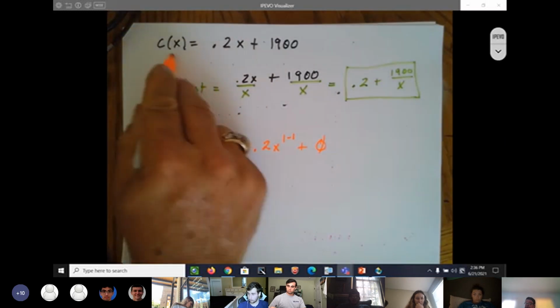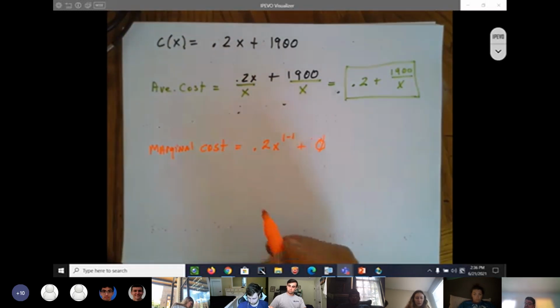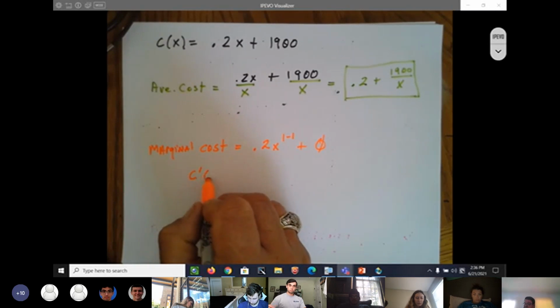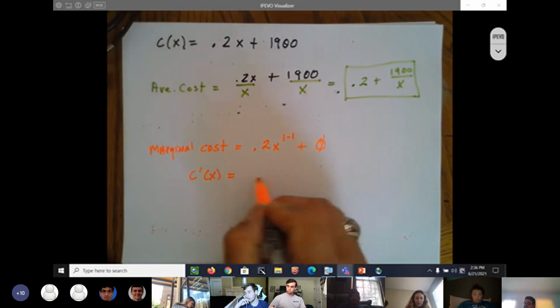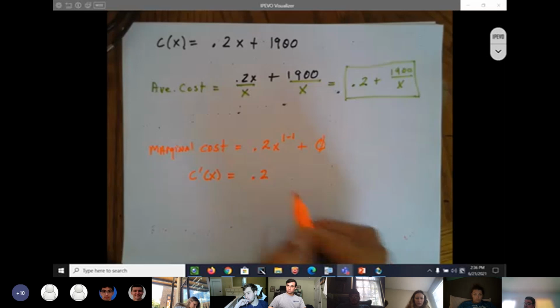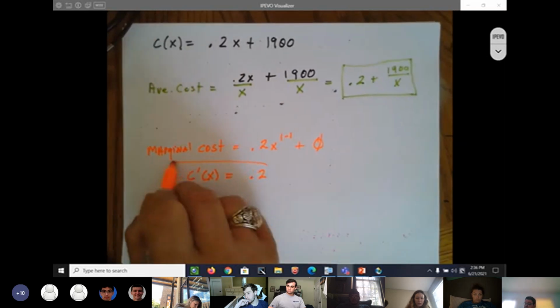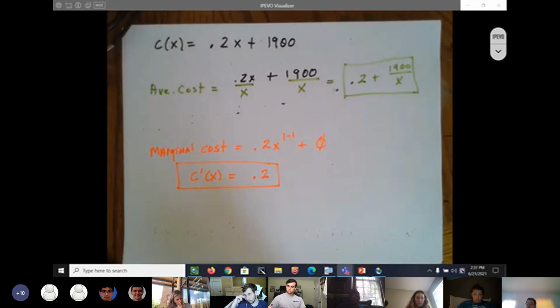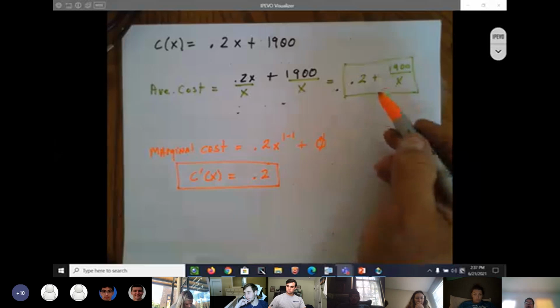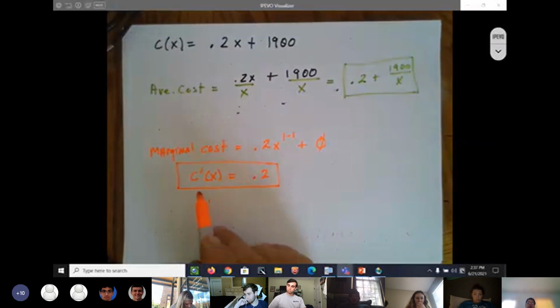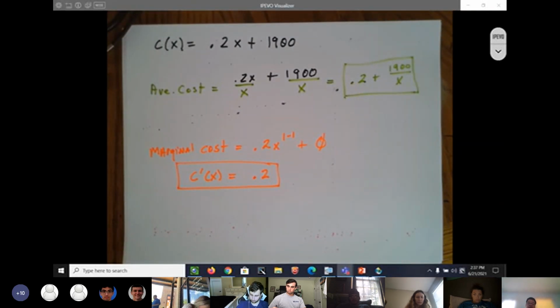And I just took the derivative of this, which is c prime of x is equal to 0.2. So there's my average cost, and there's my marginal cost. So let's see what the question's going to ask.